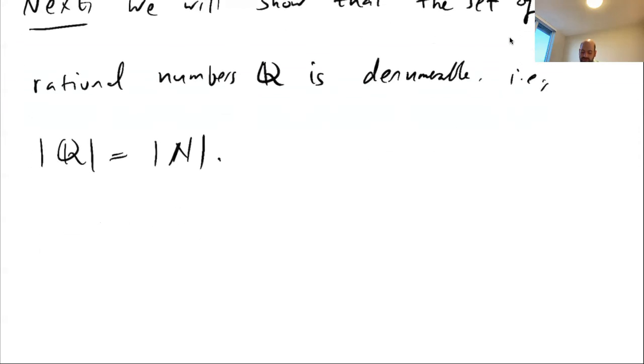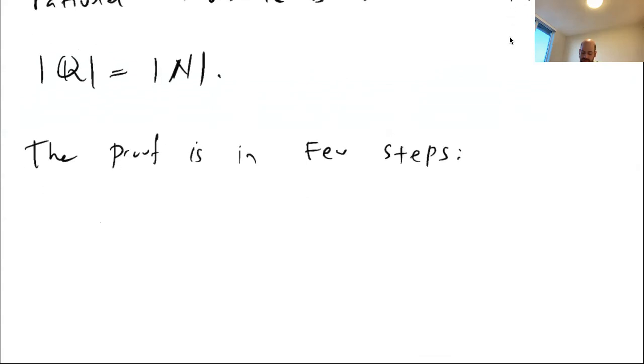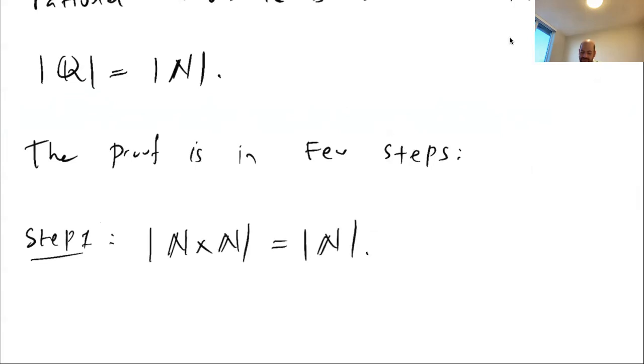How can I show this? So the proof is in a few steps. Step 1: the cardinality of N cross N is equal to the cardinality of N. N cross N means the set of all pairs, right?